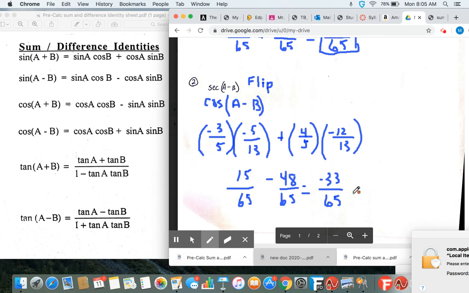You have to remember to flip at the end, right? Take that reciprocal. So this really isn't our answer because this would be cosine. What we were asked to do is to find secant. So your answer is 65 over negative 33. Now, I don't care where you put the negative. You can put it off to the side. You can put it in the numerator. That doesn't matter. But that's your answer.